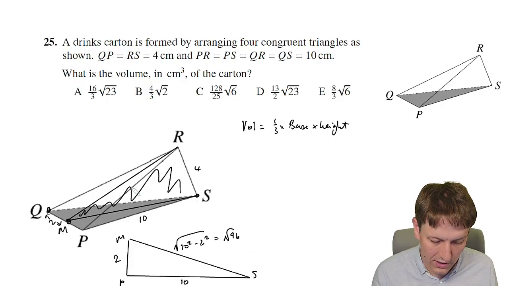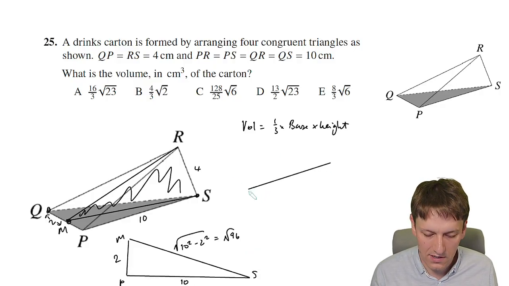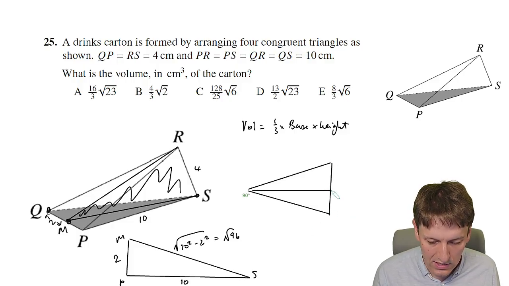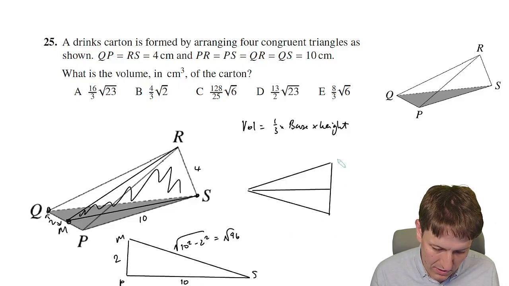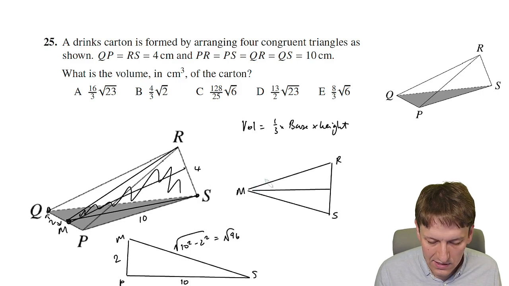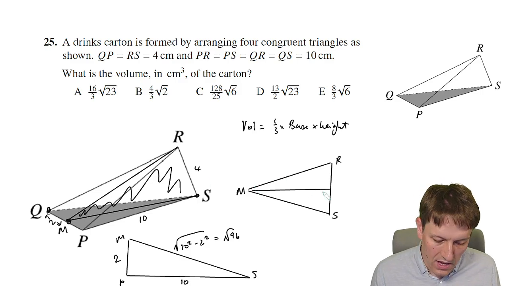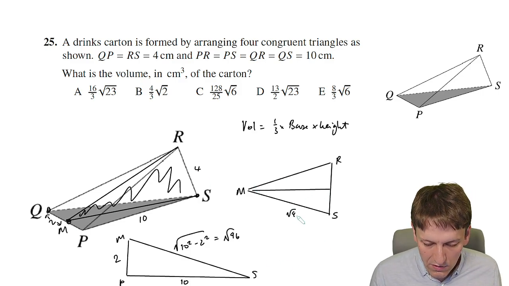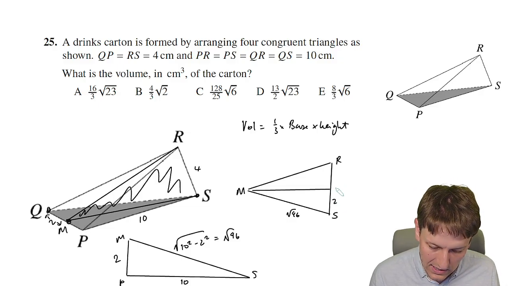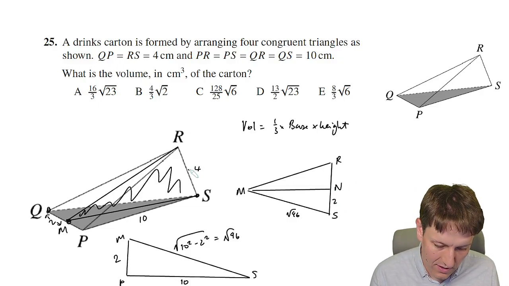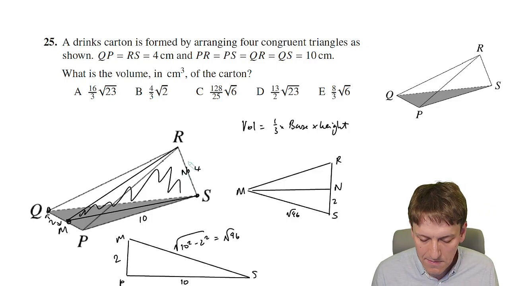If I look at the triangle RMS, that's going to be an isosceles triangle. This is the one that we're really interested in here, and let me label R, S and M here, so I'm putting a line down the middle of this triangle. Well, MS was the square root of 96. Again, I know this is 2, and so this distance here, let's call this one N for the other midpoint, so this point N is here.